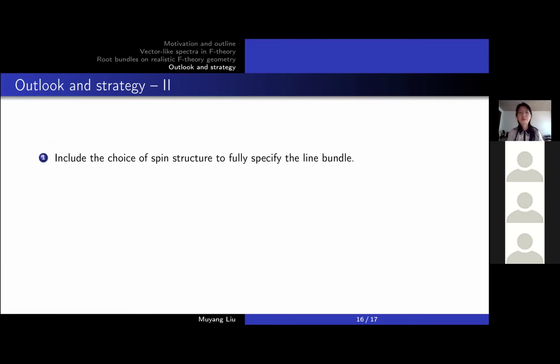In phase 2 of our work, we still need to include the choice of spin bundle to fully specify the line bundle. And second, we need to interpret the freedom of gauge background encoded in the intermediate Jacobian.